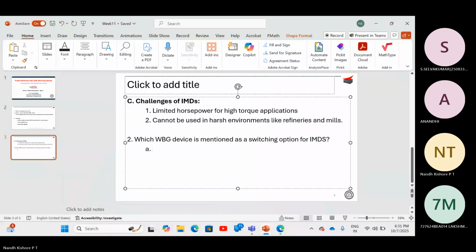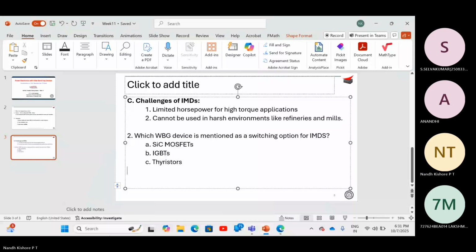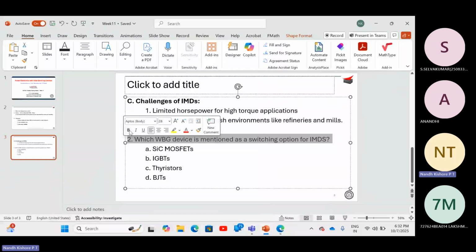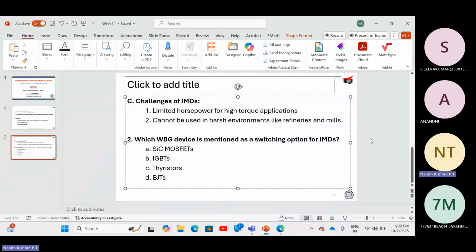So A, SiC MOSFETs, B, IGBTs, C, thyristors and D, bipolar junction transistors or BJTs. So which is the correct answer? Can you tell? Which of the following is a WBG device for integrated motor drives?